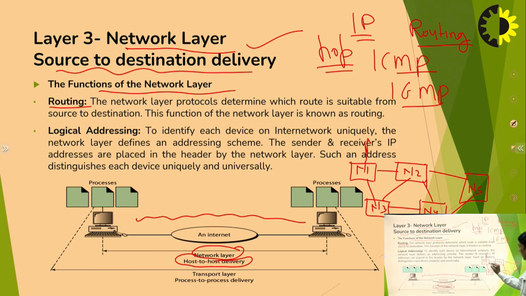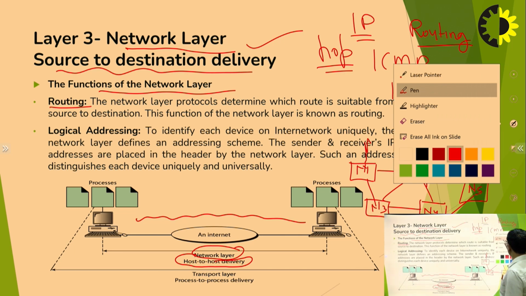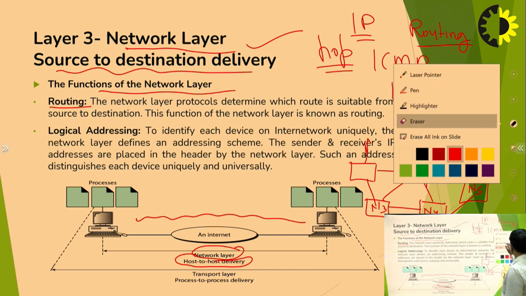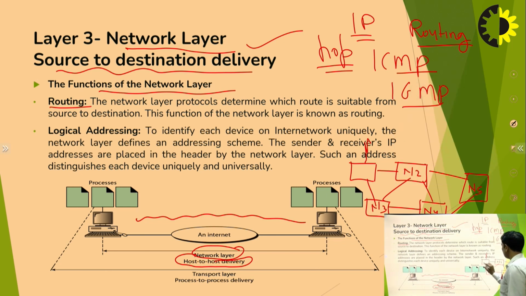Suppose N1 wants to send some data to N5. Is it possible that this node directly sends the data without using an intermediate node? No, not at all.